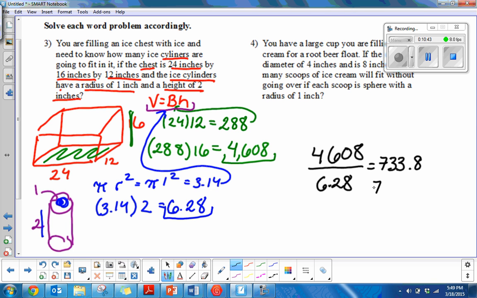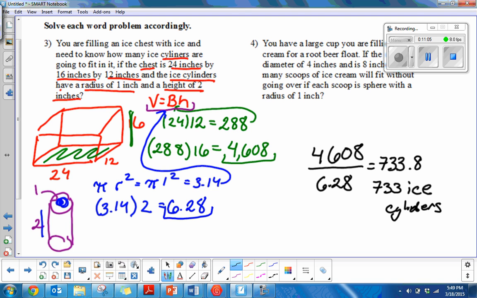So we're just going to say 733 ice cylinders. So what we did is we found the volume of the whole shape and the volume of the small pieces going into it, and we took the entire volume and divided it by the little pieces. And that's all you're going to have to do.